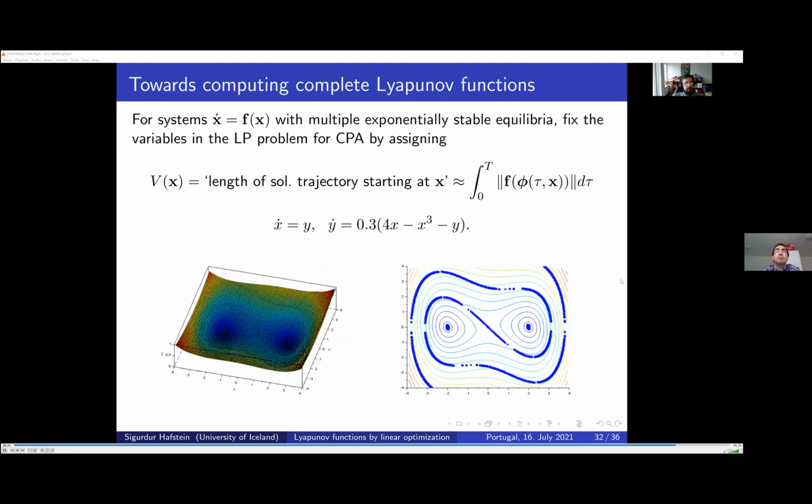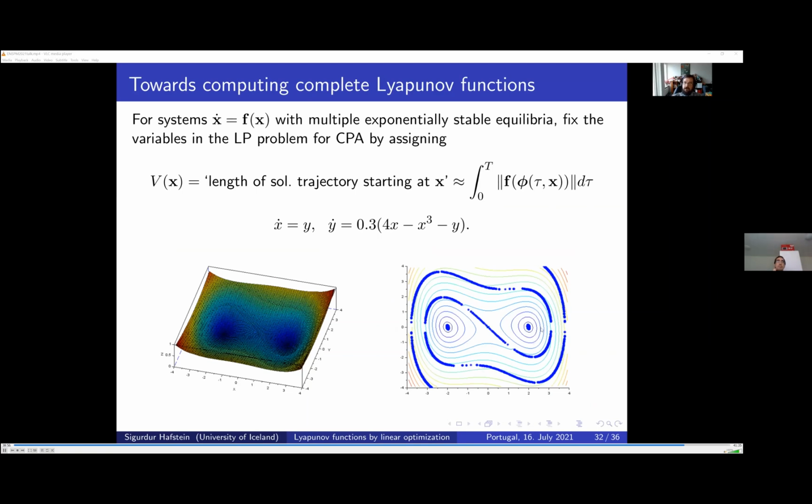Okay, we don't need to use the RBF method. It's just a nice method to compute Lyapunov functions. We can also use other methods to guess the values at the vertices. Here we are computing the length of the trajectories of the system, where time runs from 0 to capital T. This is a system with 2 equilibrium points, and these 2 here are equilibrium points.